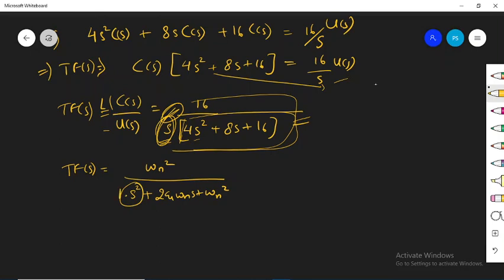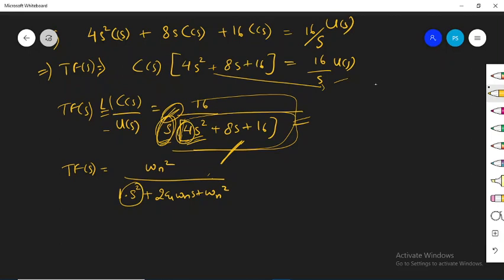The coefficient of s square should always be kept as 1. Only then we can compare this generalized equation with any other specific equation. So if I want to compare this equation with the transfer function form that we are getting, we will have to keep the coefficient of s square over here also equal to 1.